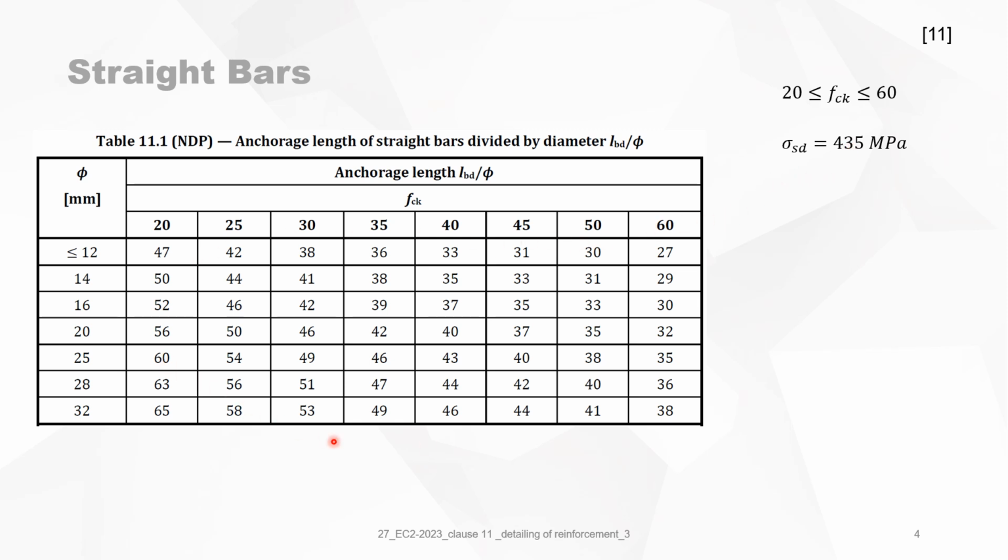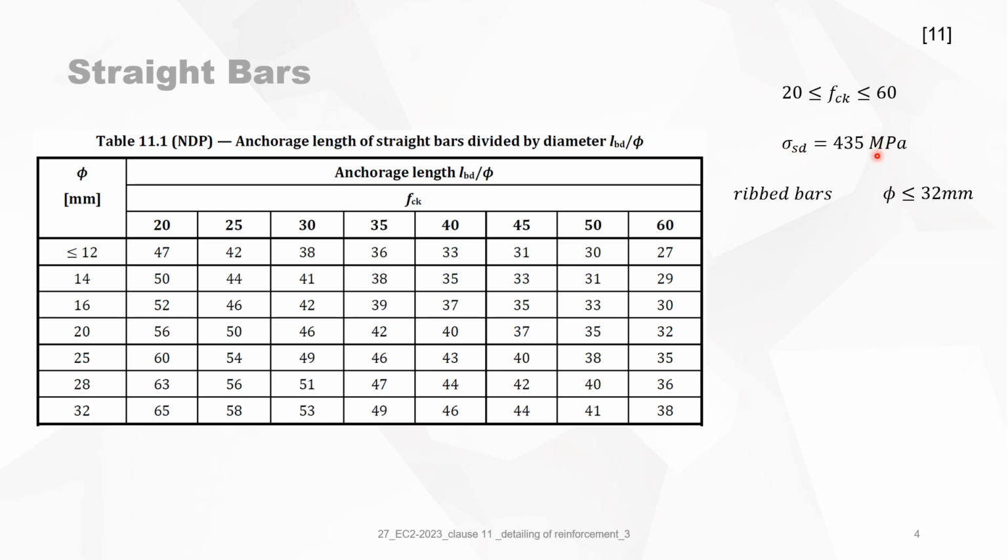The table is made for a stress in the bar to be anchored equal to 435 megapascal. When we are talking about a yield strength of 500 megapascal, you will see this is 500 divided by 1.15.